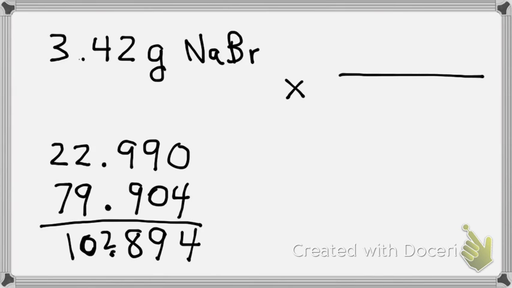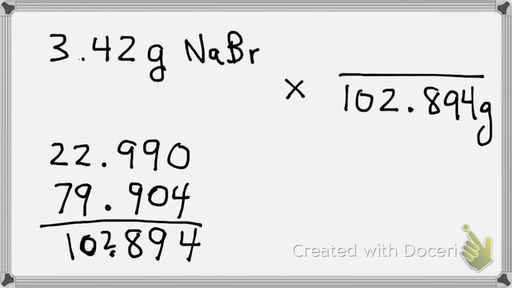And I get 102.894. That's got to go in the denominator. 102.894 grams per mole. And of course, grams will cancel.